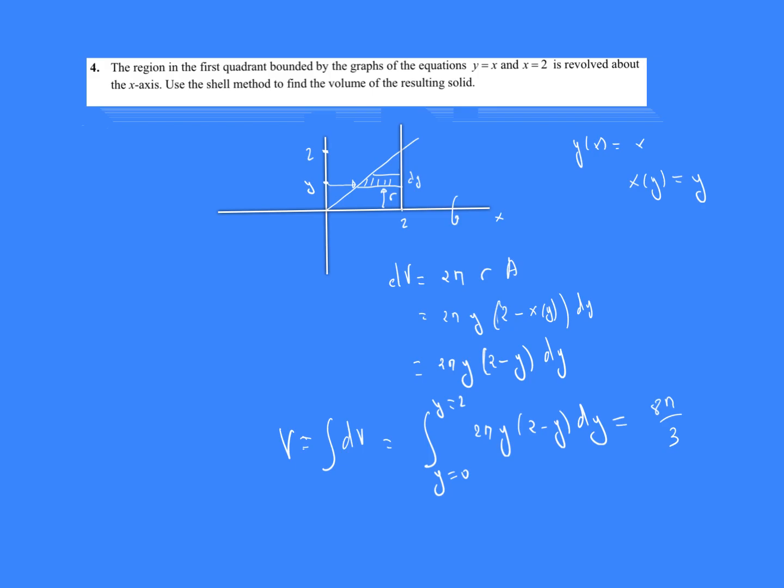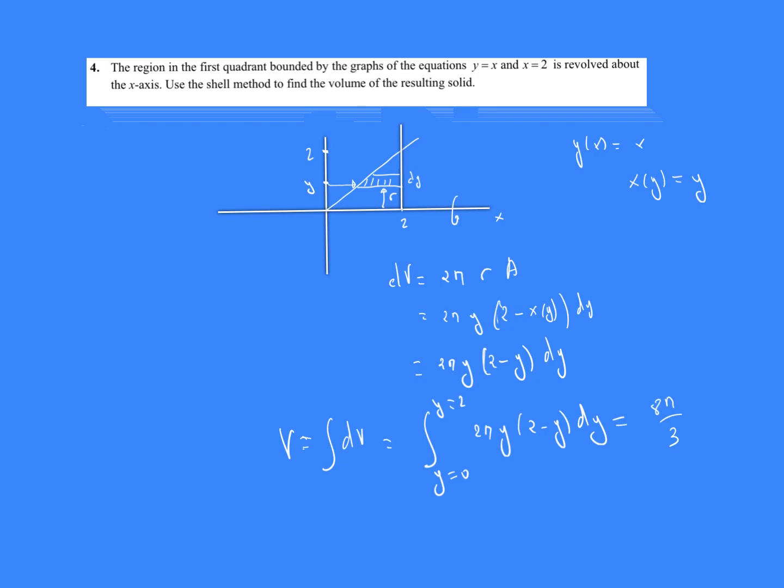The area will perform, let me draw here, the area will perform a shell. This is the shell. Well, let me make a better picture.